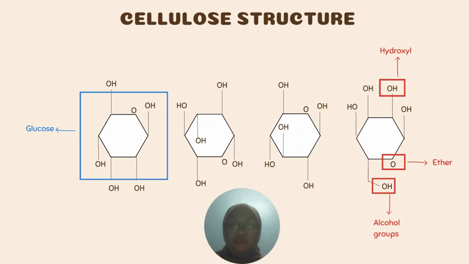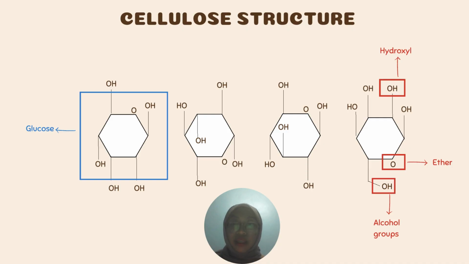So I will explain about this slide, which we call the cellulose structure. For the homologous series, what is inside the blue box is actually glucose. Why? Because in cellulose, we have a lot of monosaccharides, and a monosaccharide can be glucose, fructose, or galactose.